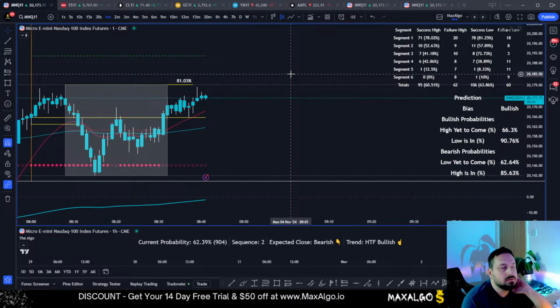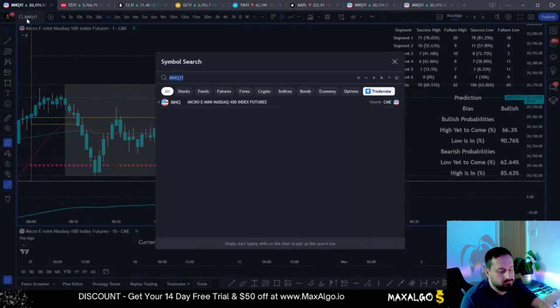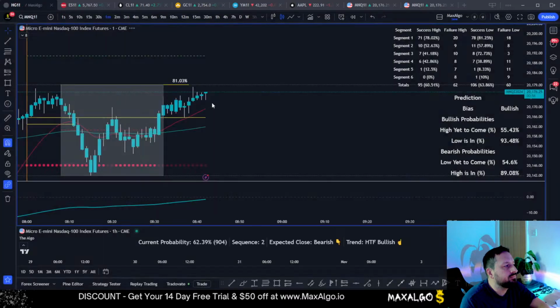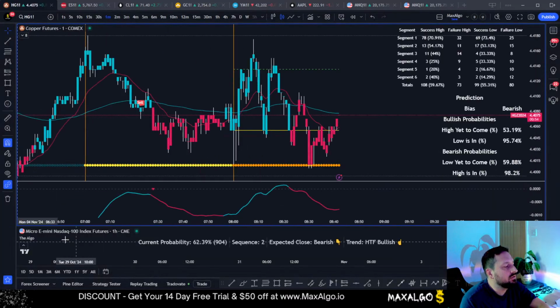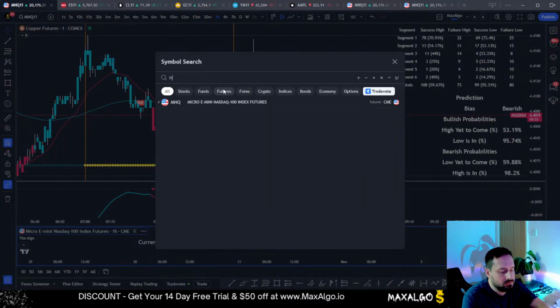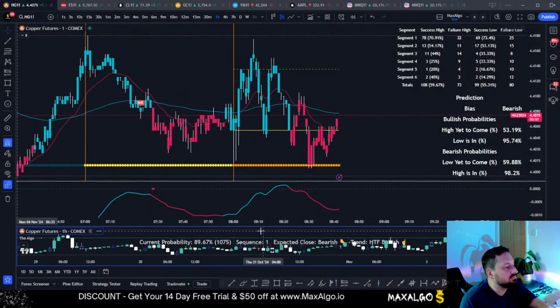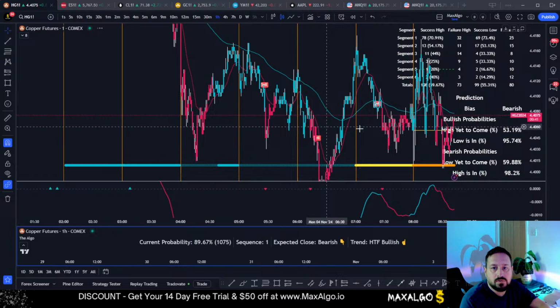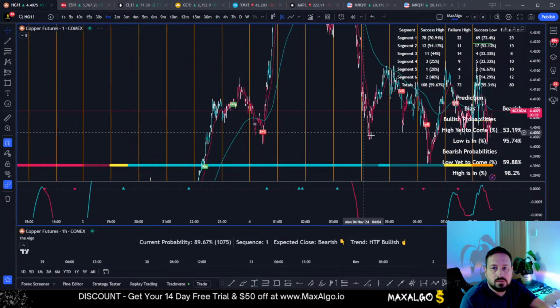Copper. HG, is it? Did you say? Yes, we're in a sequence 1. Again, we are against the higher time frame, so we always want to look at that as well.